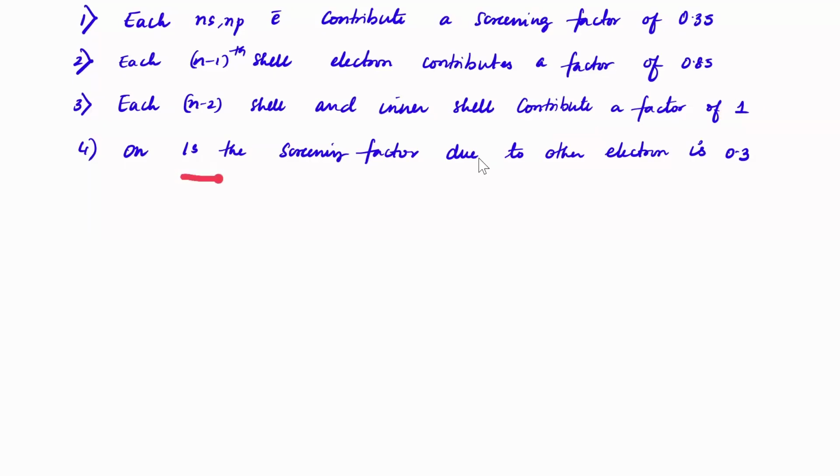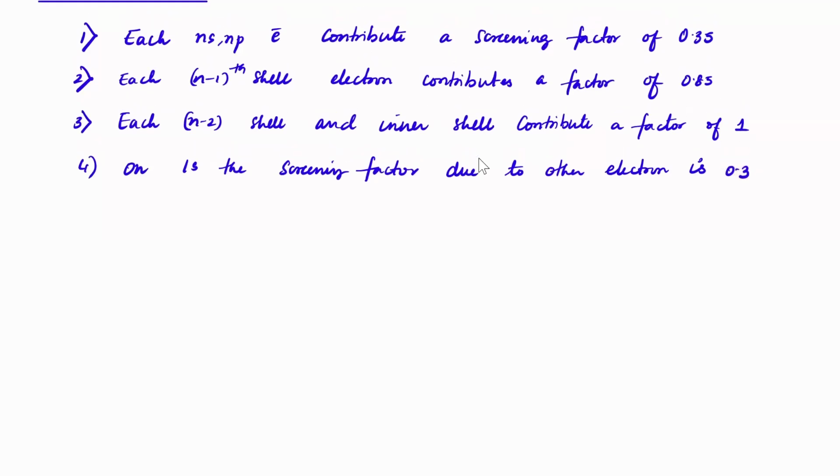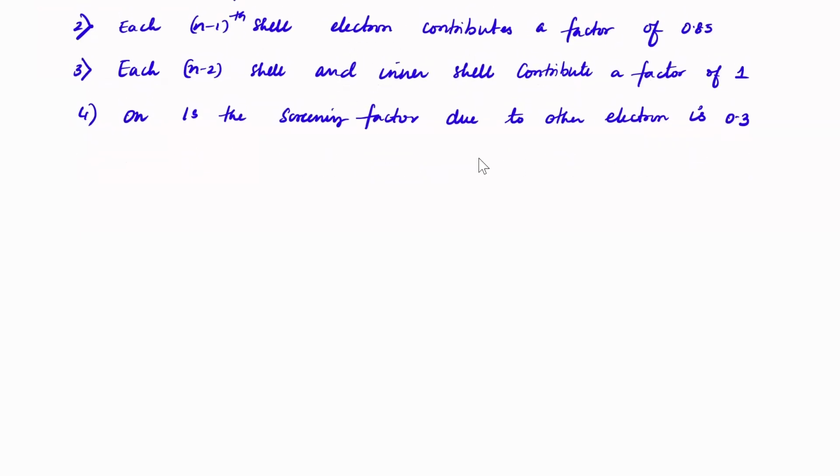And if you are on a 1s electron, the 1s orbit, there is no other orbit to worry about, only the first orbit. In that case, the repulsive contribution is around 0.3 units. Okay, so these are screening factor units per electron.